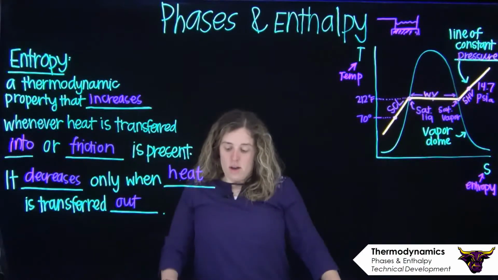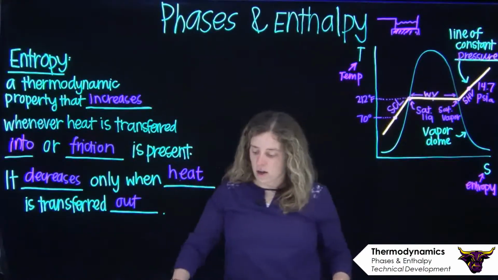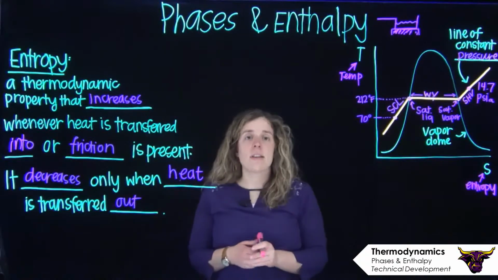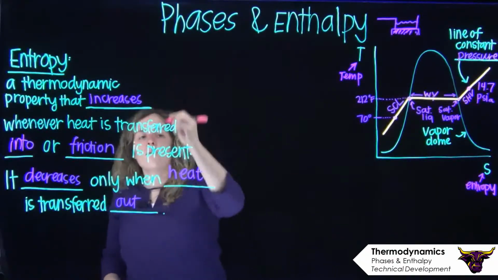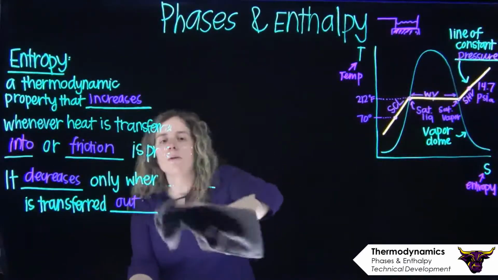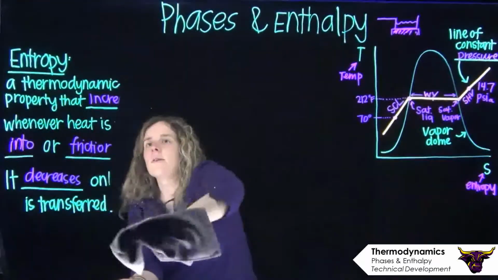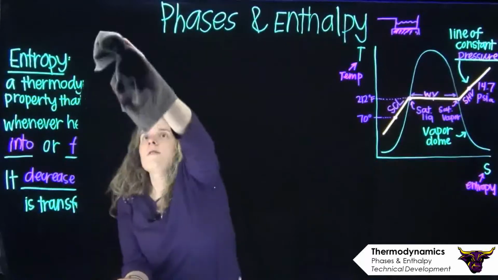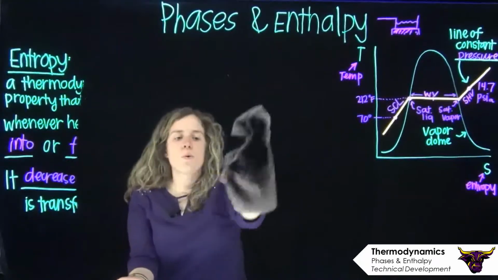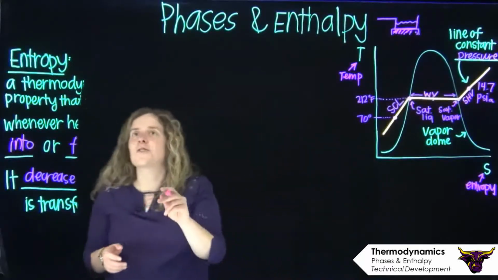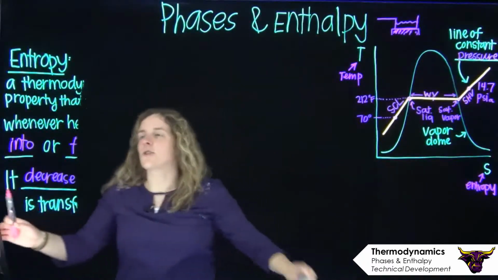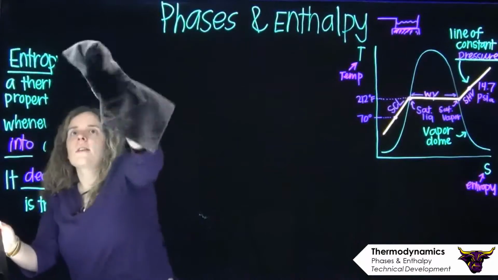So we can look at this in the context of the energy equation, the first law of thermodynamics. I'm actually going to quickly erase the entropy here so that we can use more of this board. Rewind if you need the definition. So we're going to look at the energy equation.